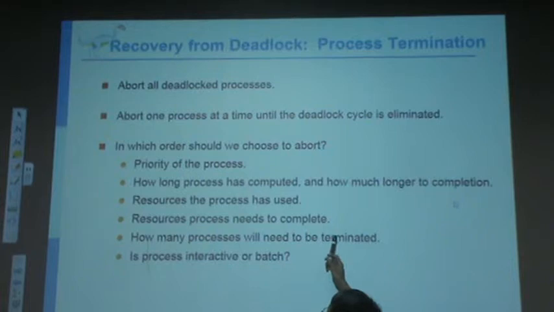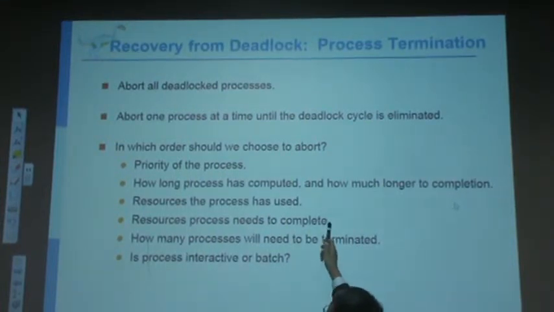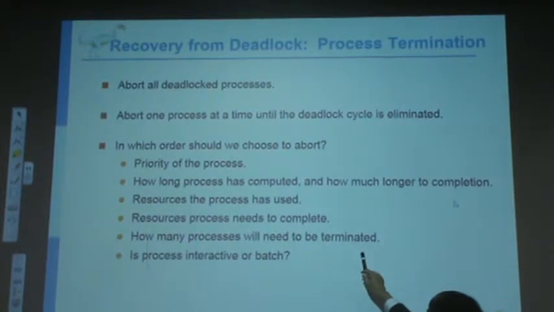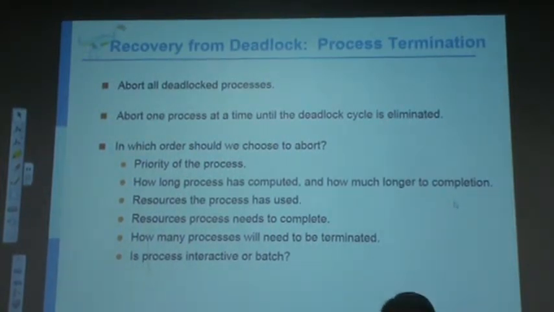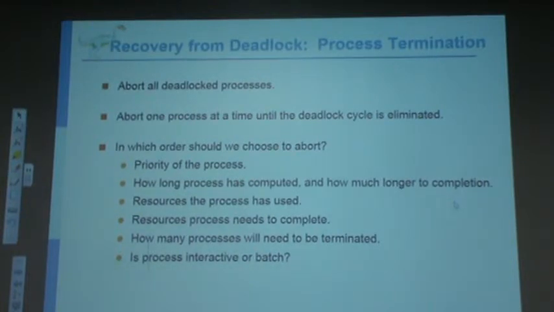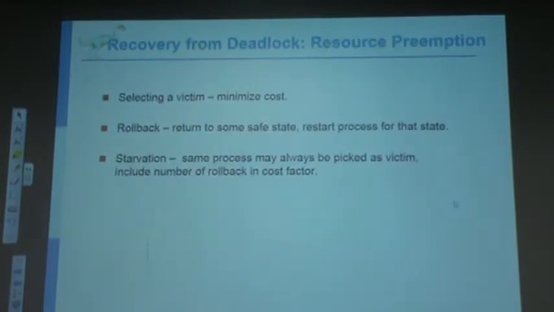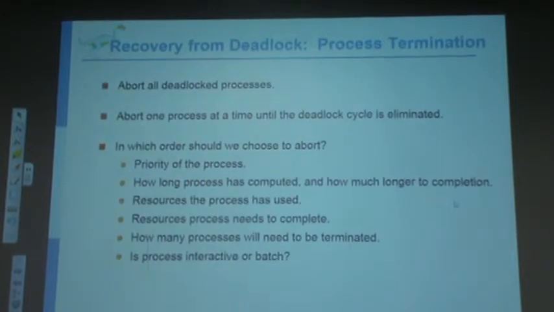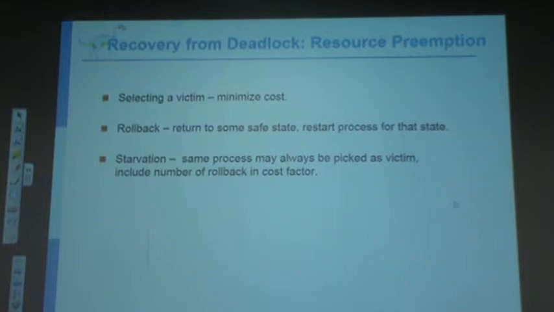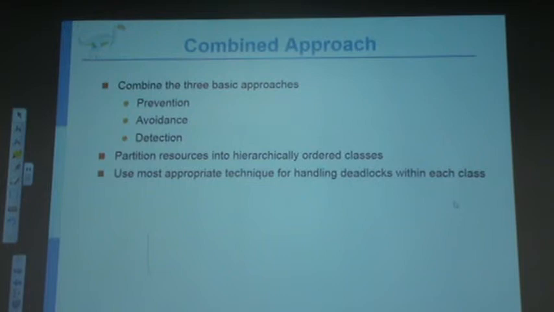You can also consider the number of victim processes. Even though we can choose different schemes, the basic idea is to minimize the overall cost, then select the victim. Also, you should be careful about the starvation problem: a certain process may be killed every time and never be completed. You should consider such a thing.